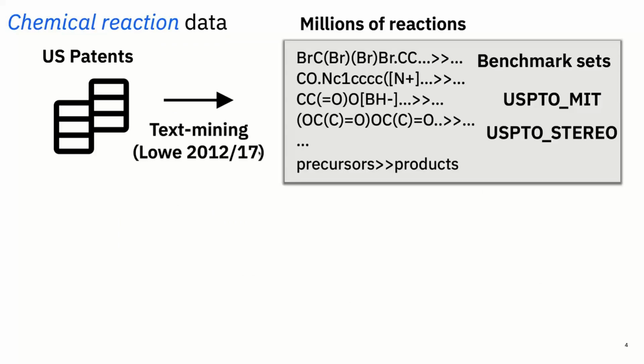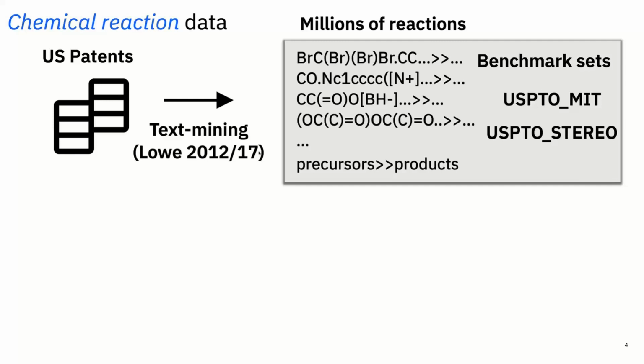For any machine learning project, the data is really important, and the data I work with is chemical reaction data. That comes from the US patents, and I'm really grateful to Daniel Lowe and also Roger Sayle. Daniel text-mined the US patents in his PhD thesis at the University of Cambridge, and later also published an updated version in open source.